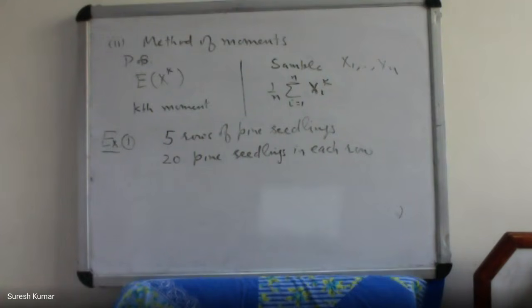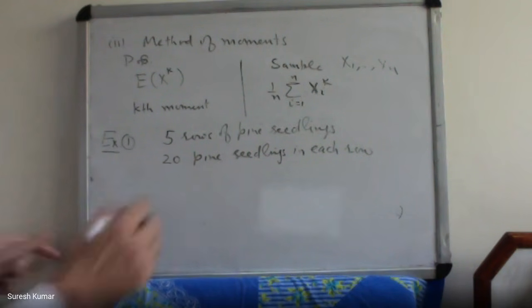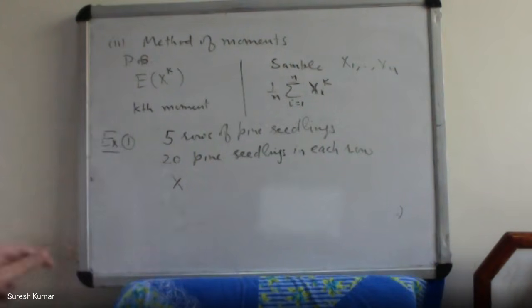Let X denote the number of seedlings per row that survive the first winter.